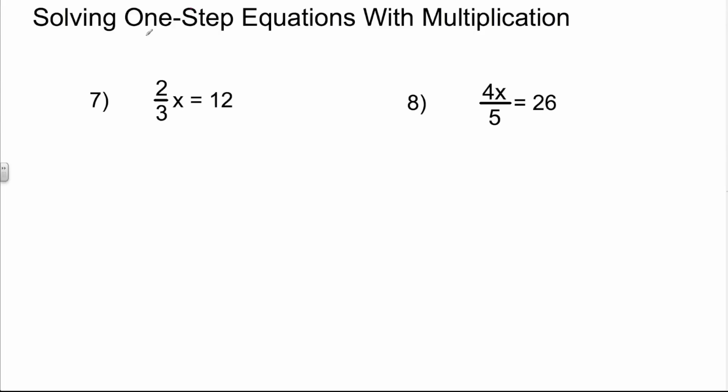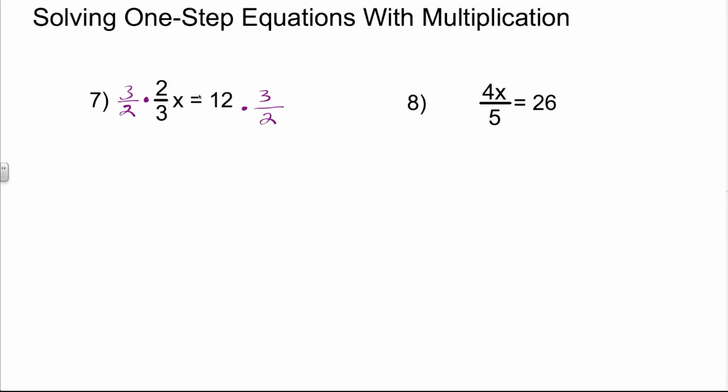So here in example 7, we have 2/3 times x is equal to 12. To solve this equation, we can multiply each side by the reciprocal of the fractional coefficient. The reciprocal of 2/3 is 3/2. Now, if you're not familiar with the word reciprocal, you may be familiar with the word inverse or multiplicative inverse.